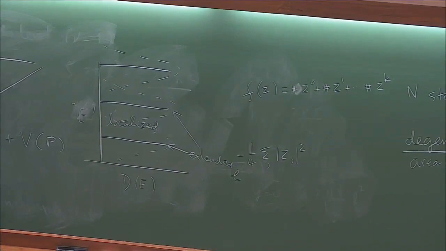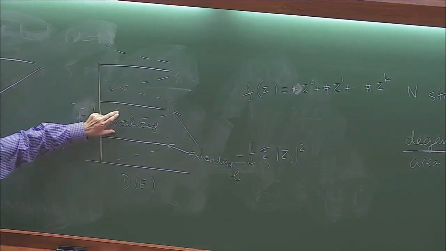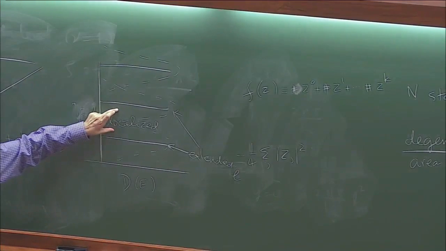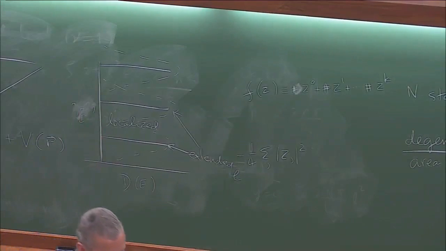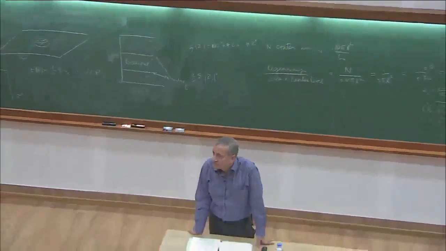It basically extends to all energies, but the states in between the original Landau levels, they are localized. Okay, so we'll see in the evening how this leads to quantized Hall plateaus. Any questions on this so far?